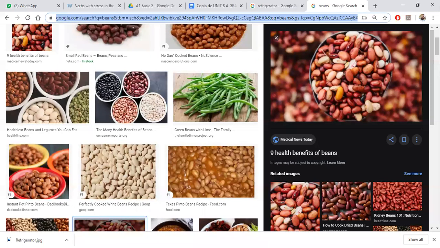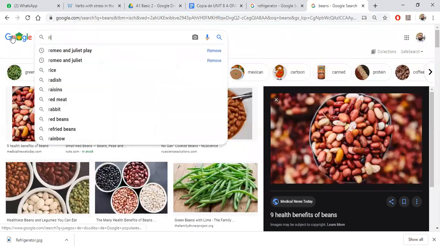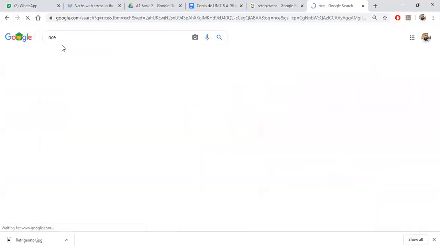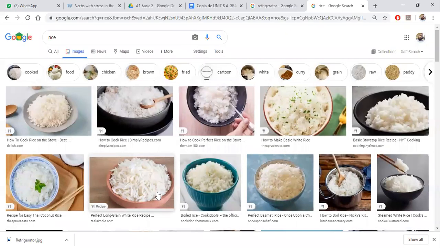Well, I can give you some. We have rice. Rice in its unit is smaller than a bean. It's obvious, right? It's very, very small. So rice is uncountable. We cannot say rices, we say rice, okay?